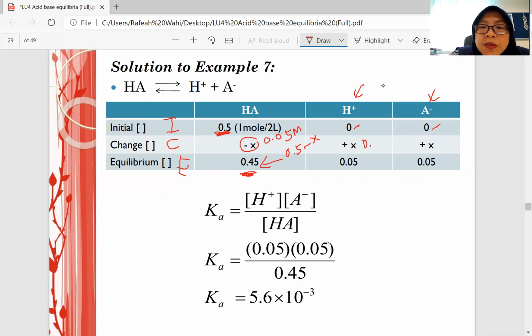So positive X would be positive 0.05 molar for both the H plus ion and conjugate base. So the equilibrium concentration for H plus ion and conjugate base would also be 0.05 molar. Substituting all the values into the Ka expression, you get the answer 5.6 times 10 to the power negative 3.